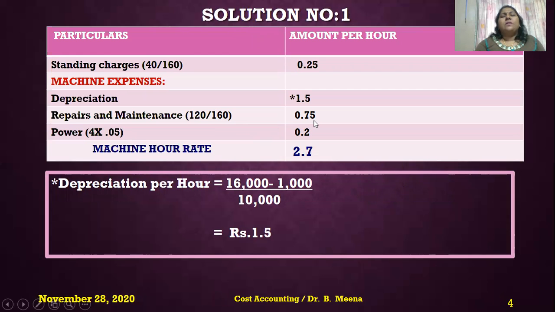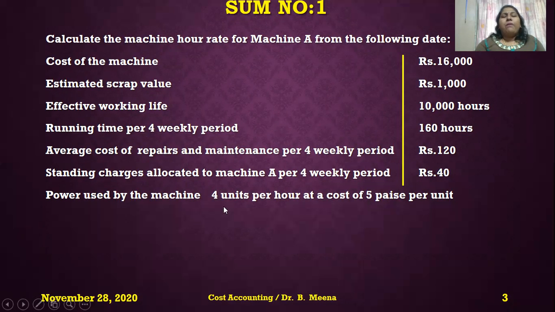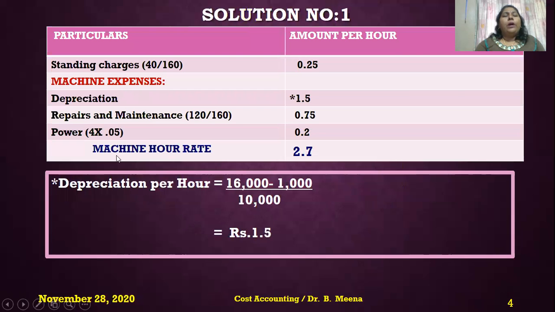So what is my answer? 0.75. Then what about the power? Power used for 1 hour is 4 units, and each unit costs 5 paise. So 0.05. So 4 into 0.05 gives you 0.2. If you add all these amounts, you will get the value 2.7. This is the answer as machine hour rate.